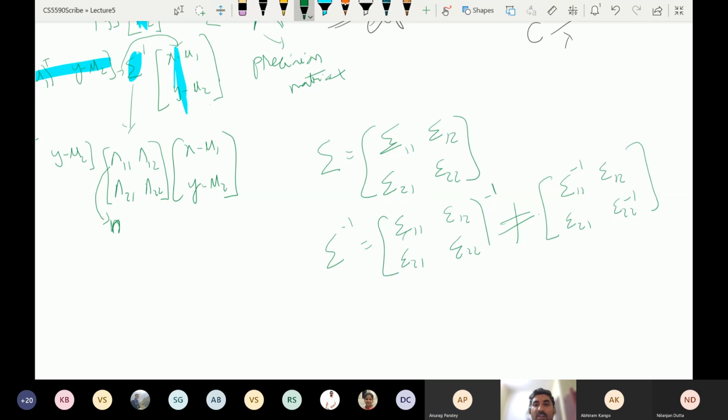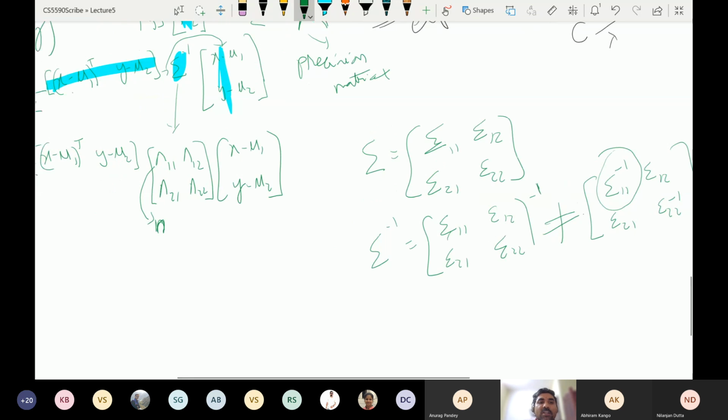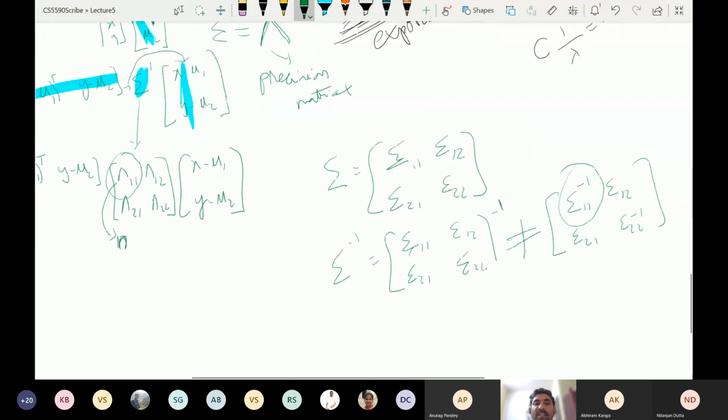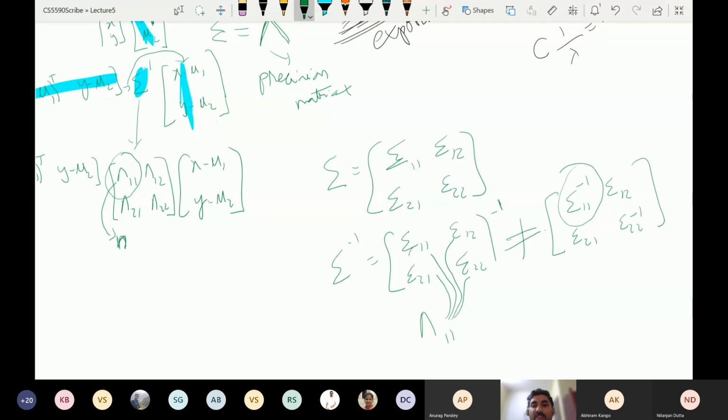So I'm not talking about this. I'm talking about this term. In general, lambda 1 1 may involve all these terms. Don't think that lambda 1 1 will be a function of only sigma 1 1.